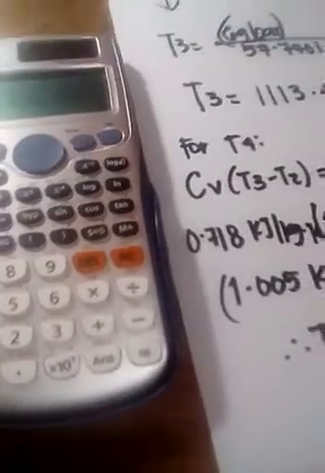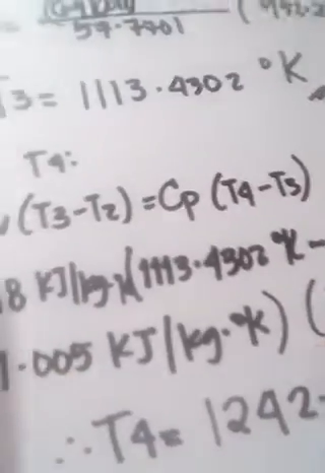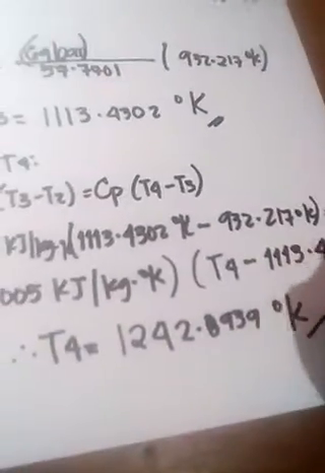So, T4 is equal to 1242.8939 degrees Kelvin.